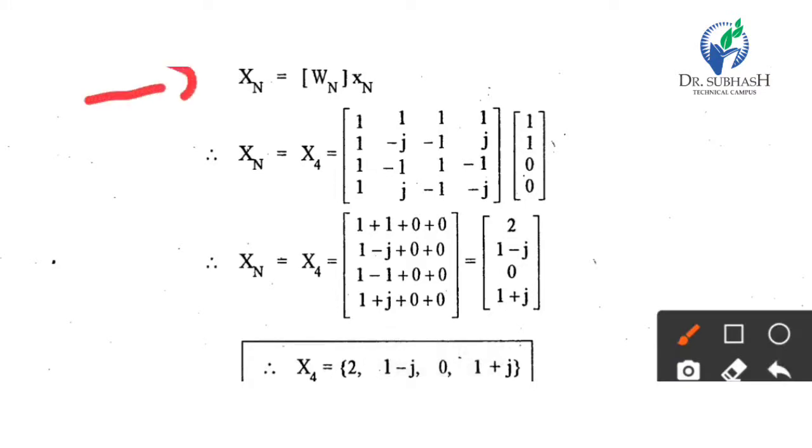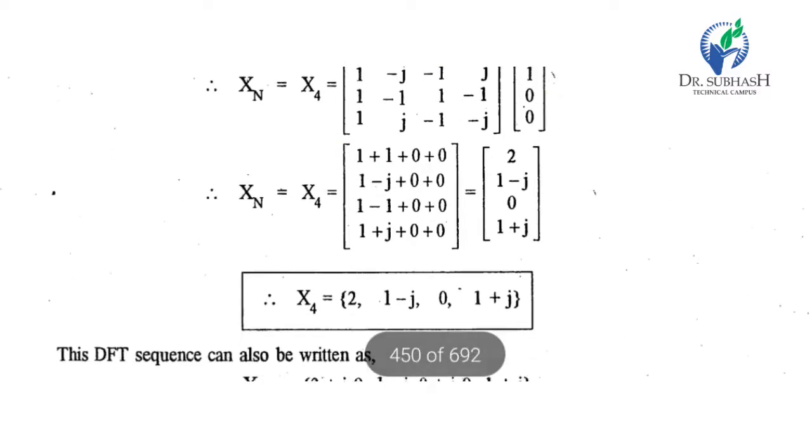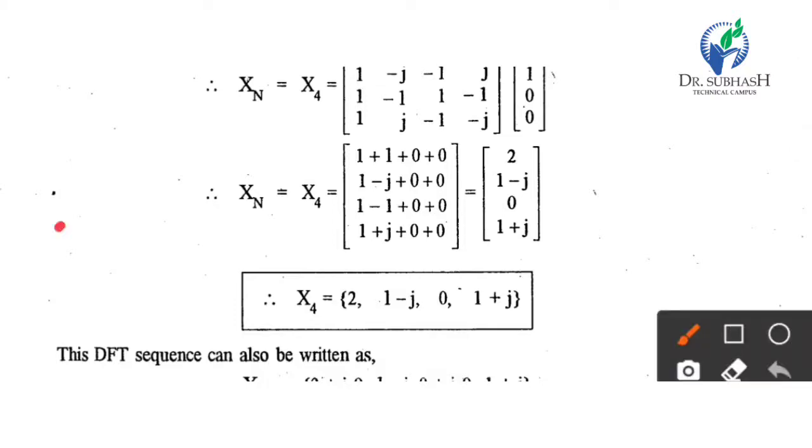So x of 4, it is a 4-point DFT. This is W_N and this is x of n. So now we have to multiply both the matrices.